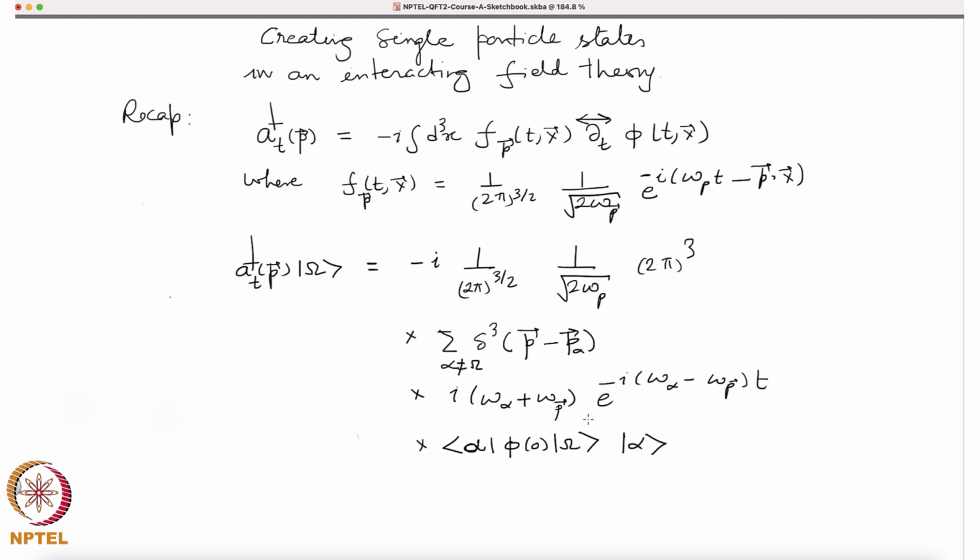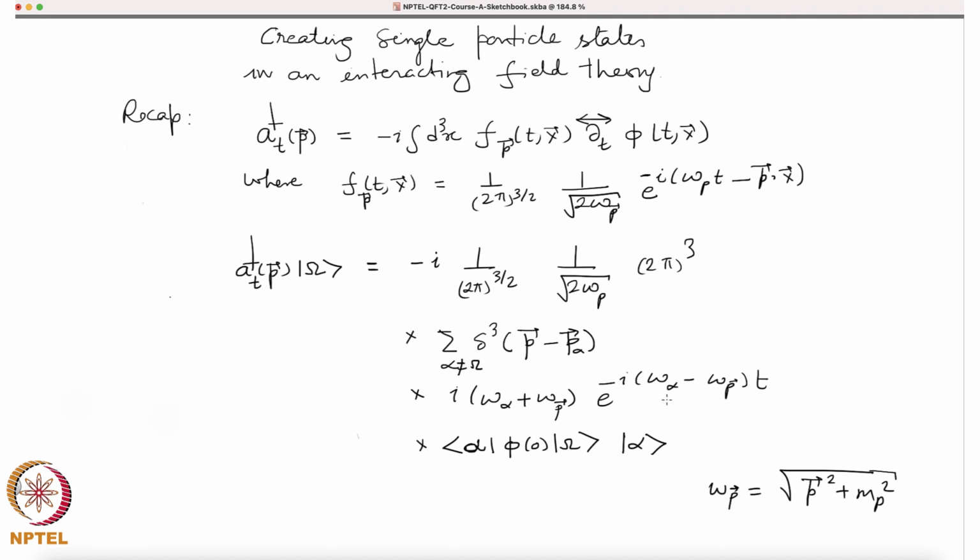As far as the multi-particle states are concerned, it's clear that omega alpha is greater than omega p, because you are given some p, and omega p is the energy of a single particle state with momentum p.